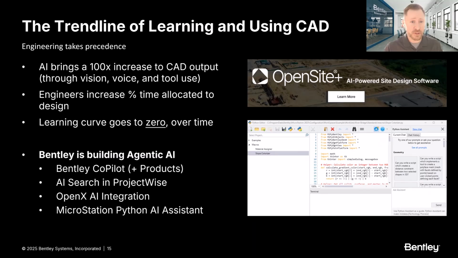You should be able to show up to do a day's work where you are focused on producing an outcome, a set of plans or a model to solve some design challenge. And the AI is going to help you do those things faster than ever before.